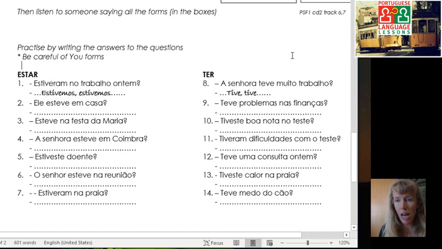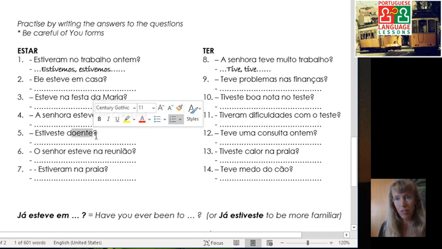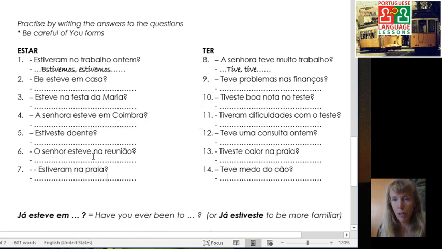Whereas with estar, we're talking about where people were, or if someone was sick. So this is something that's transient, changeable, movable. So very often this issue of ser and estar becomes more difficult in the past tense. We get in the habit of using just one or the other. So look at these examples, maybe memorize some of them to help you.